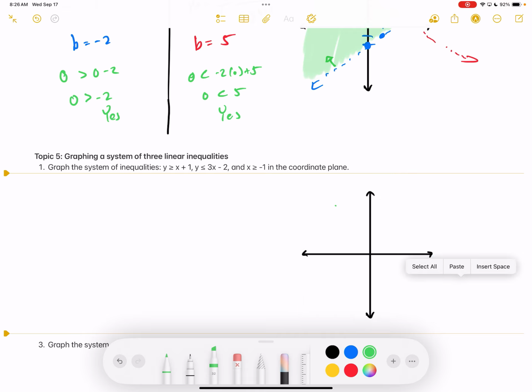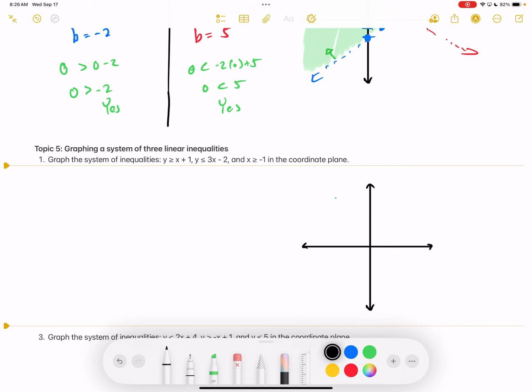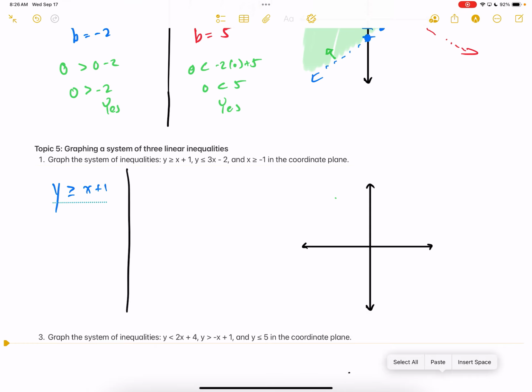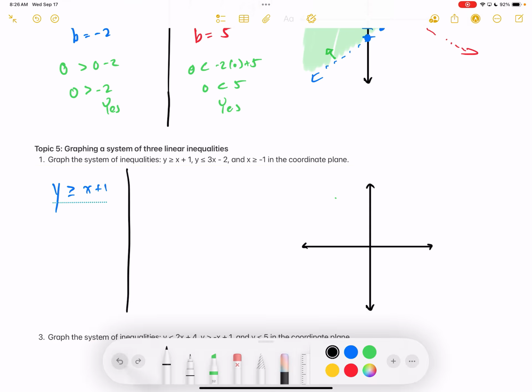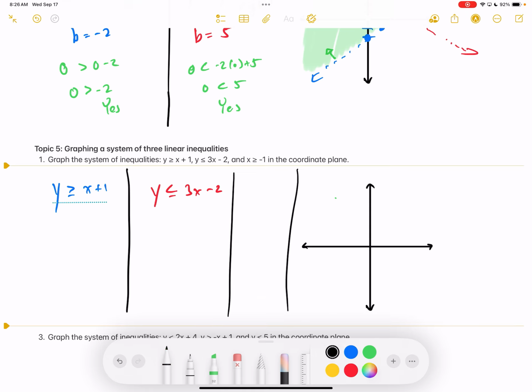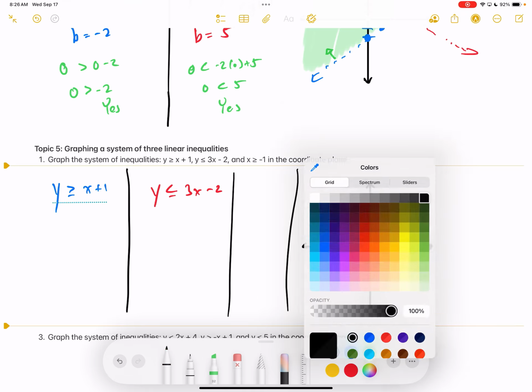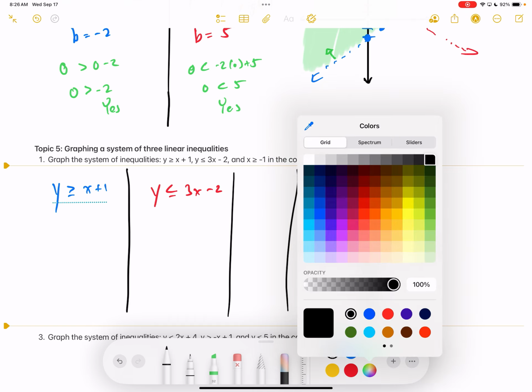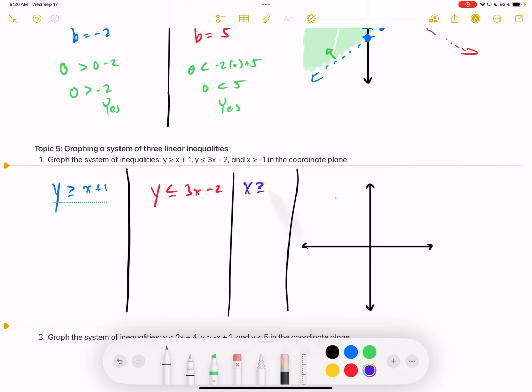All right, next topic is, what if you have 3 lines? So y is greater than or equal to x plus 1. Y is less than or equal to 3x minus 2. And then the last one is x is greater than or equal to -1.